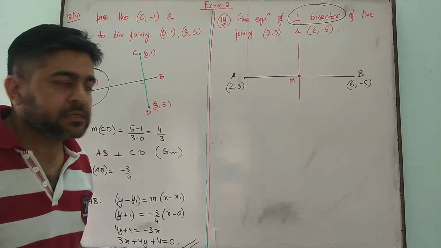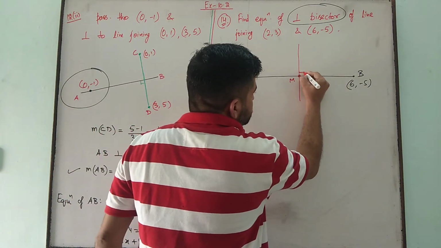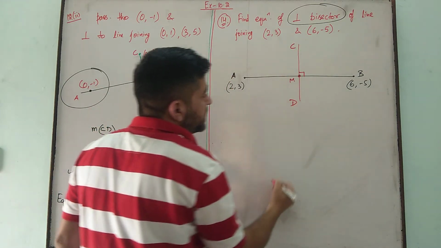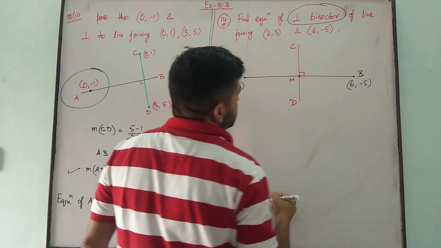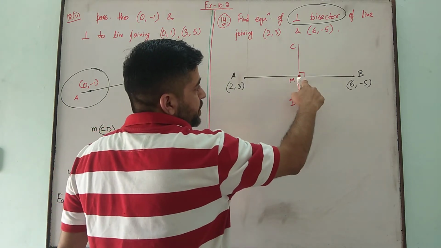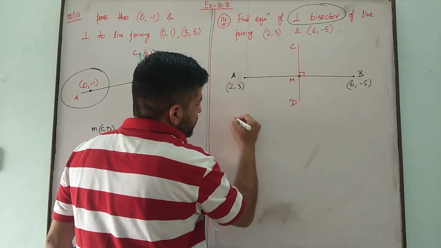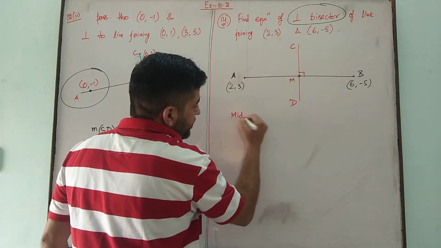So it is a bisector and is also perpendicular to AB. Let us say the line is CD. Now the question is to find the equation of CD, which is perpendicular to AB and which passes through the midpoint of AB. So first of all, midpoint M.